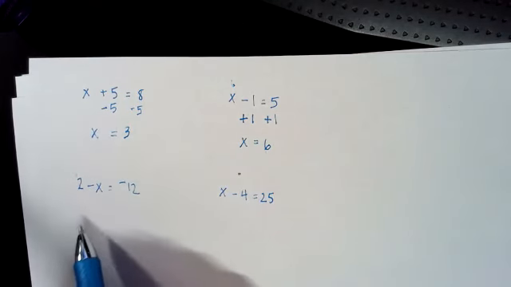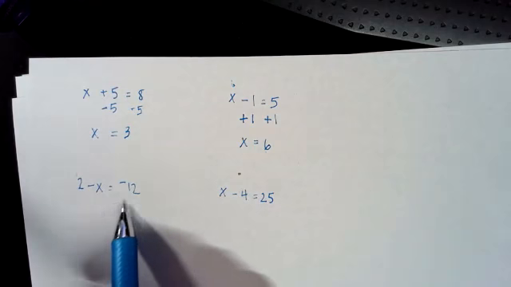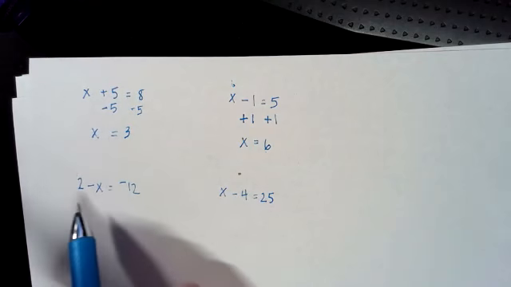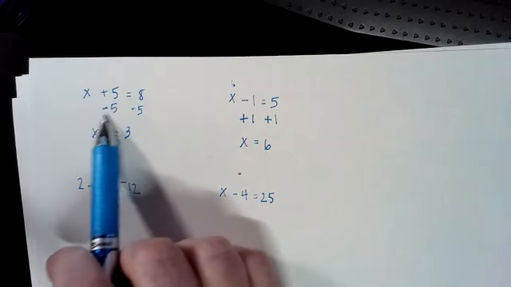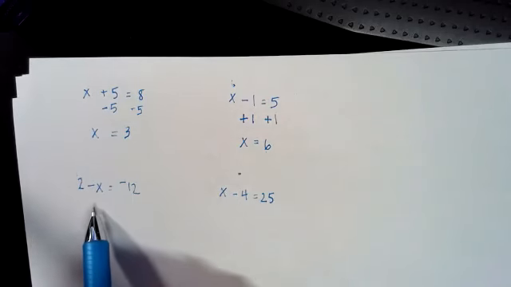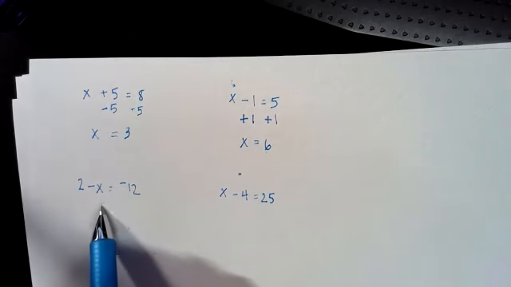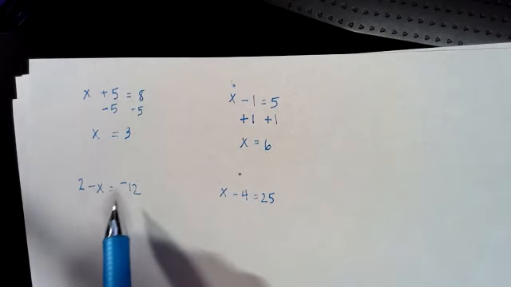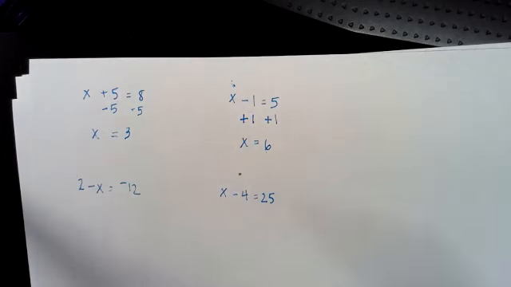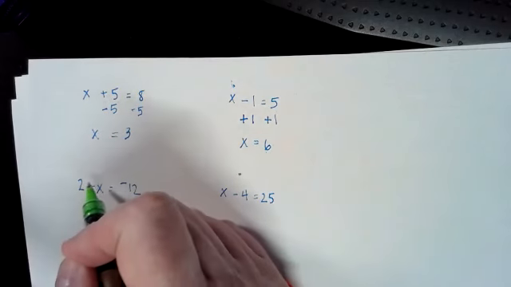All right, let's try 2 minus x equals negative 12. This is a little different. It's a slightly different order. That does not matter. You do not care what order it's in. You just do the exact same thing. You're still trying to get to one variable and one number. And do remember that the signs go with the number following.